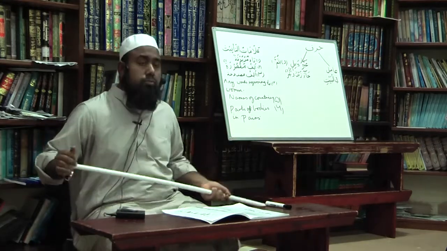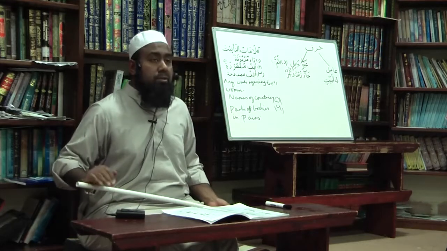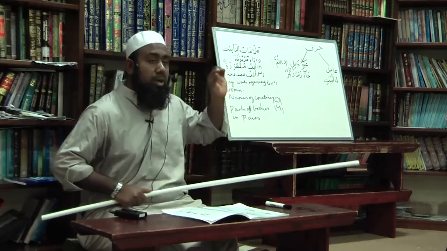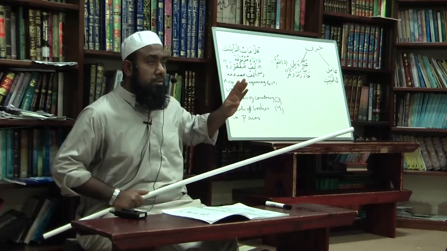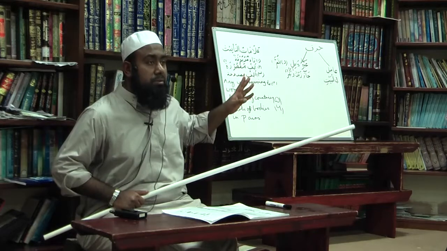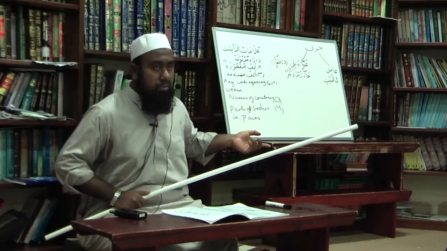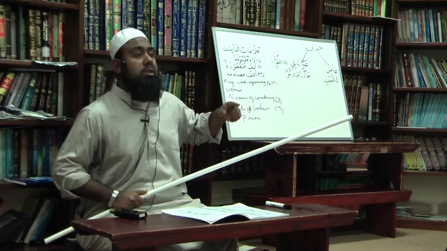So all nouns when by themselves will be in the state of marfu', meaning in the state of having rafa on it. Do you understand what rafa is? Dhamma, do you understand what dhamma means? Another word for dhamma is rafa. Another word for kasra is jar.